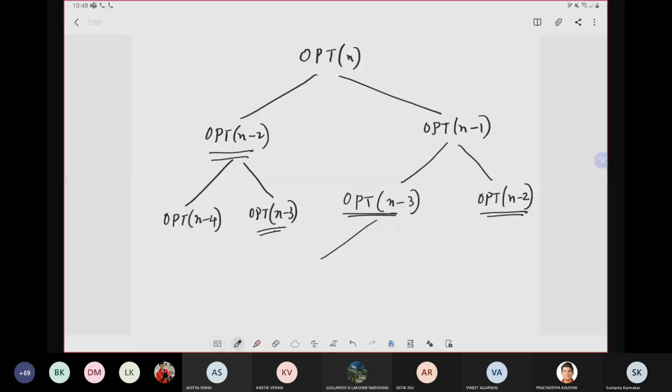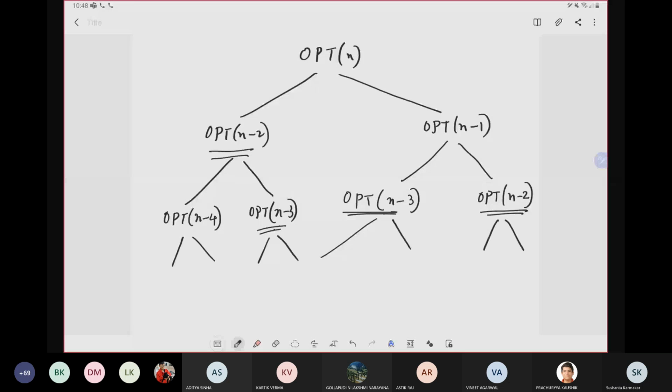And those components you need not compute multiple times. You just compute once and store them in a memory location, and you use that at a later point of time.